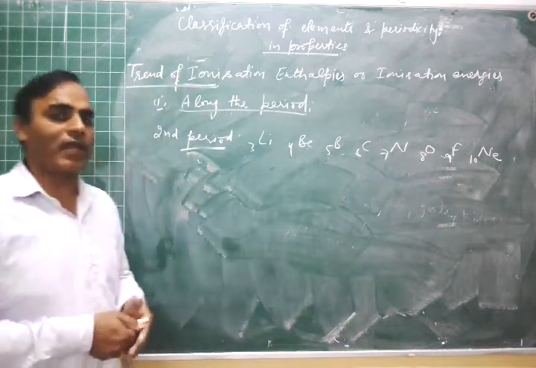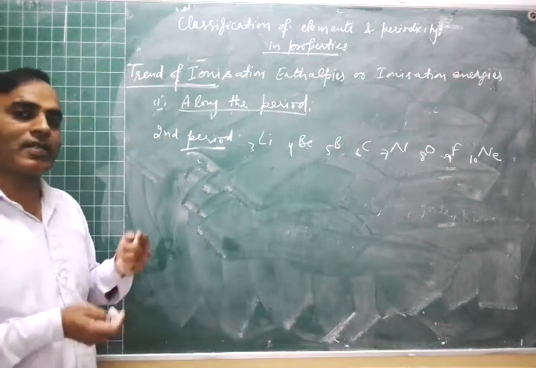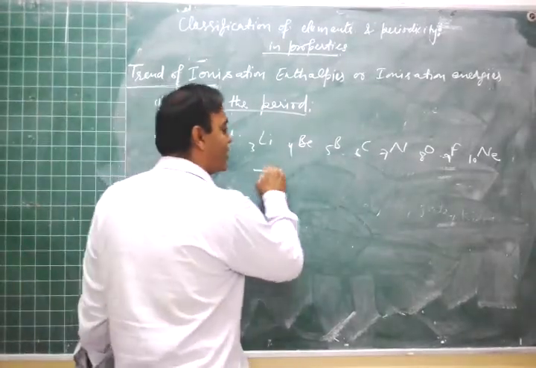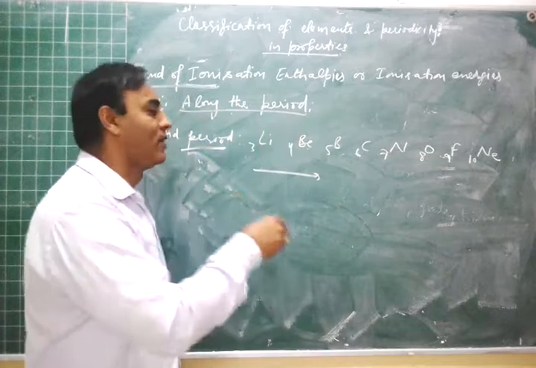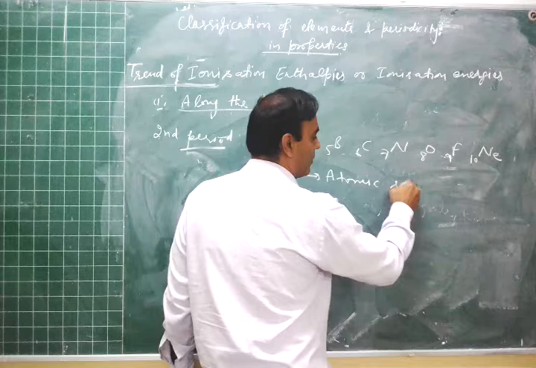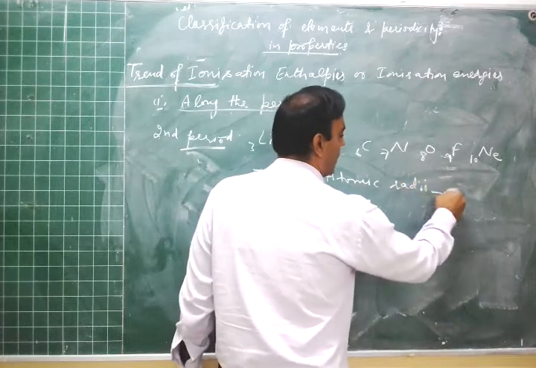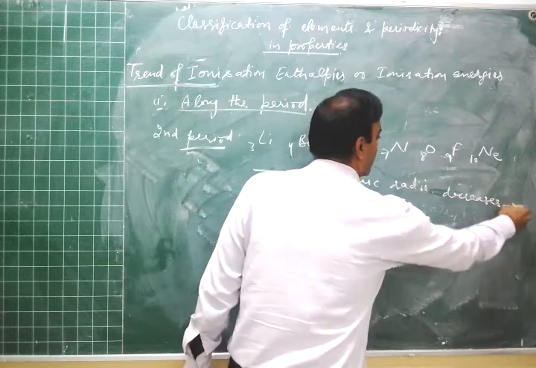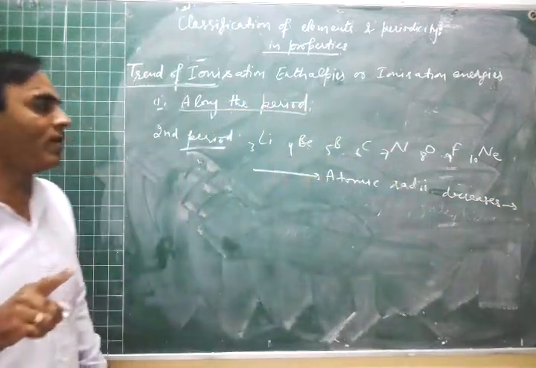And we can take another factor that we discussed, atomic radii. What was the trend of atomic radii? We discussed in the previous video that the atomic radii decreases. This is another reason. You can say it generally decreases along the period.